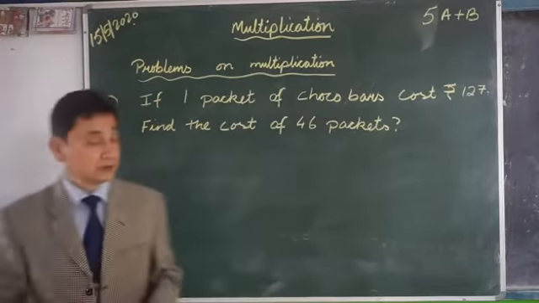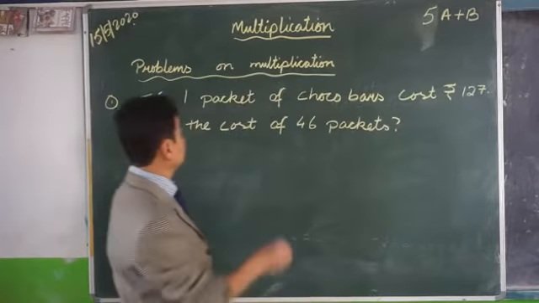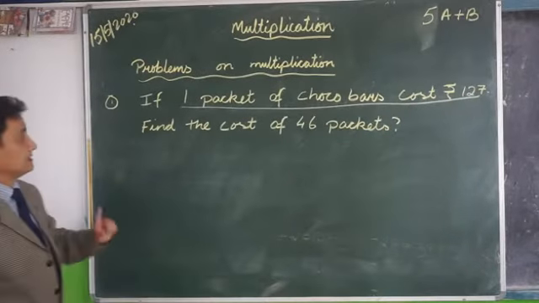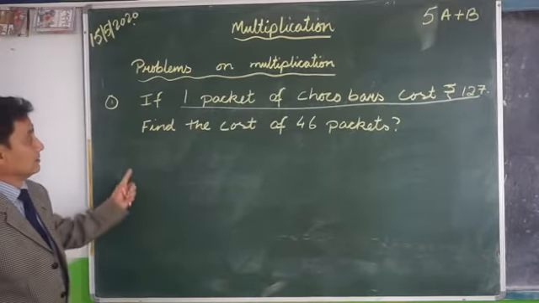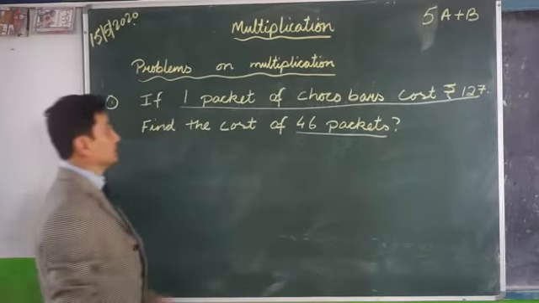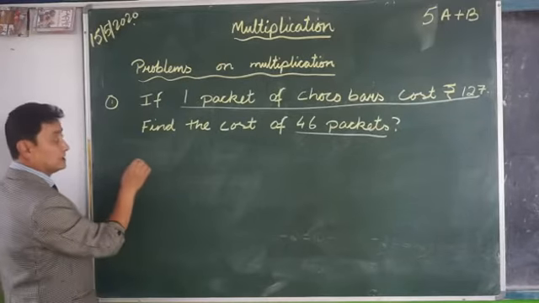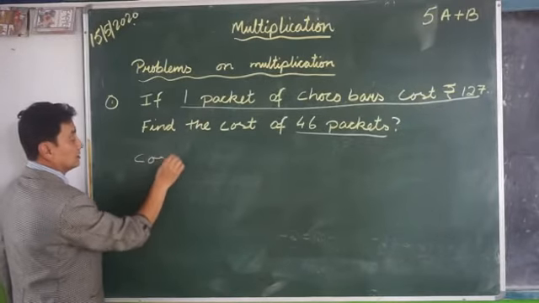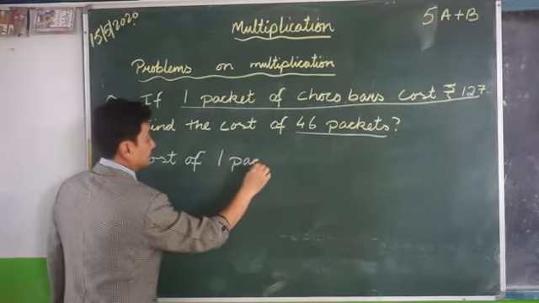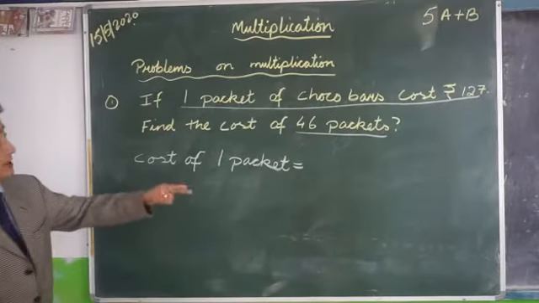So let's get ready now. If 1 packet of choco bars costs rupees 127. So this is the first part of the statement. The second part. We have to find the cost of how many packets? 46 packets. So, let's put the bigger number on top. Statement 1: cost of 1 packet equals cost of 1 packet of choco bars.